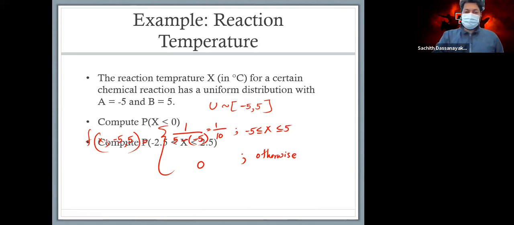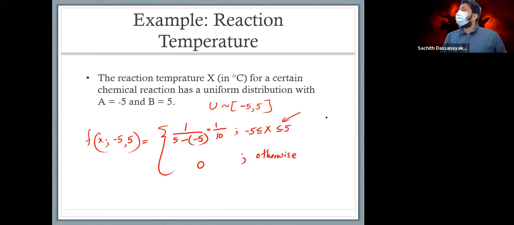Okay, they have mentioned a question: compute x less than 0, and something in between. Yes. In this continuous case, before I go to this question, you can write this without the equal sign, simply x less than 5 and greater than -5.